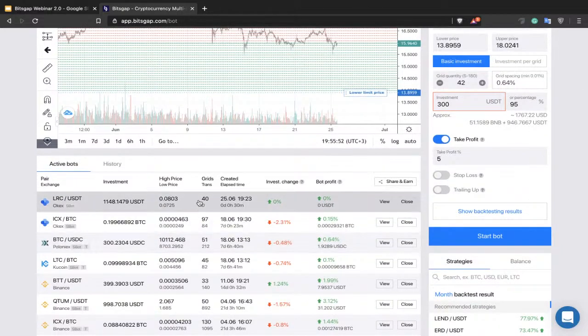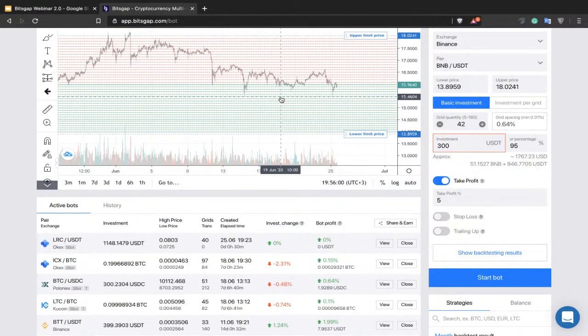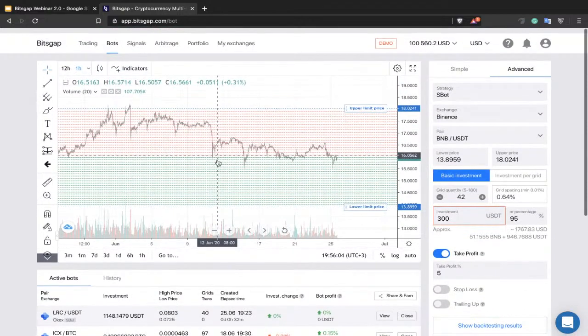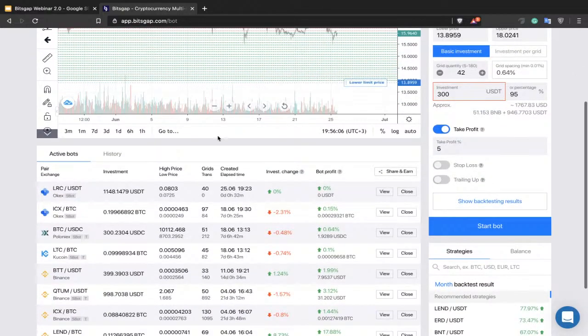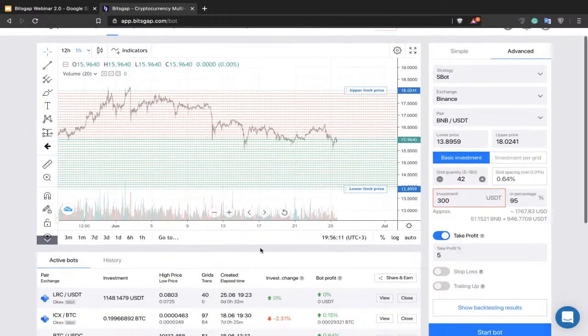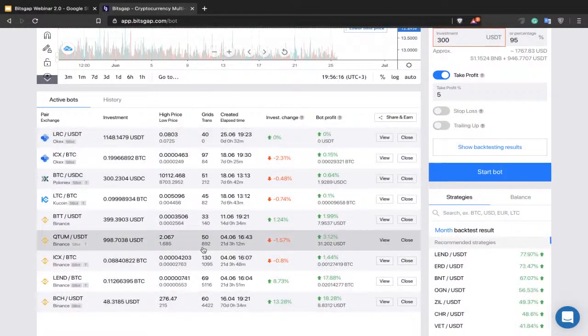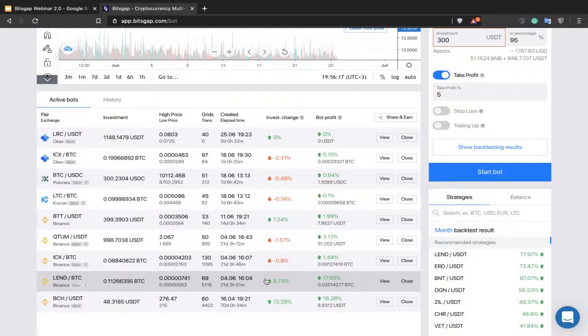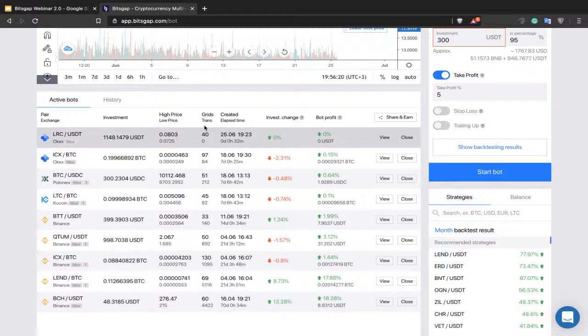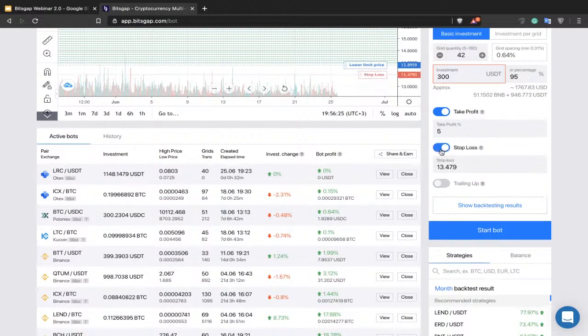But maybe for BNB, having 97 grid levels wouldn't be enough just because of the volatility and the price action happening there. So that's something that you should develop for yourself, and having this demo mode feature, a risk-free trading simulator, you are now able to execute as many active bots basically as you want to find optimal strategies for you, to find optimal settings, whether or not you want to have trading up on, stop loss, take profit.